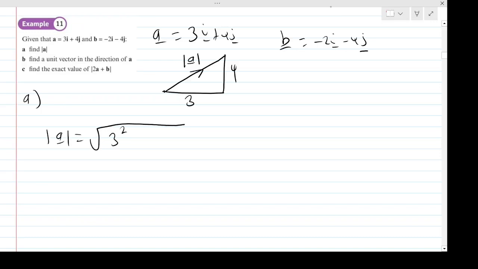So it's going to be 3 squared add 4 squared. If we put that in the calculator, we get 5, okay? And so that is the magnitude of A.